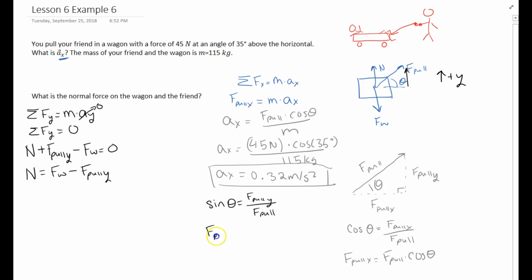So F pull y is equal to F pull sine theta. We're also going to keep in mind that Fw is equal to mg. So we are going to need that up here. So we're going to plug both of those in. And we can plug in our numbers.